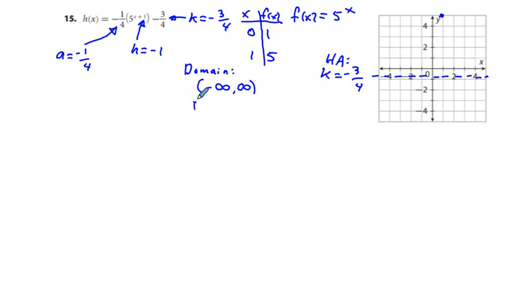And our range, well, what's happening is a is negative, so we're going to have greater than -infinity up to less than k. In this case, k is -3/4, so I'm going to substitute in -3/4 for k. And so that becomes our range.